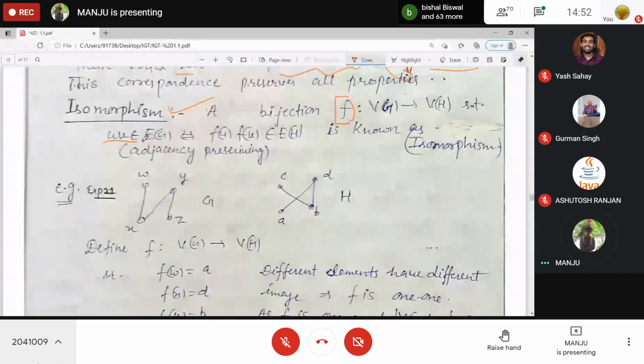If U and V are adjacent in G, that is, UV belongs to EG, then their images are adjacent in H. UV are adjacent in G if and only if their images under this bijection are adjacent in the other graph. Then this is known as isomorphism, and the corresponding graphs are isomorphic. Is that clear?